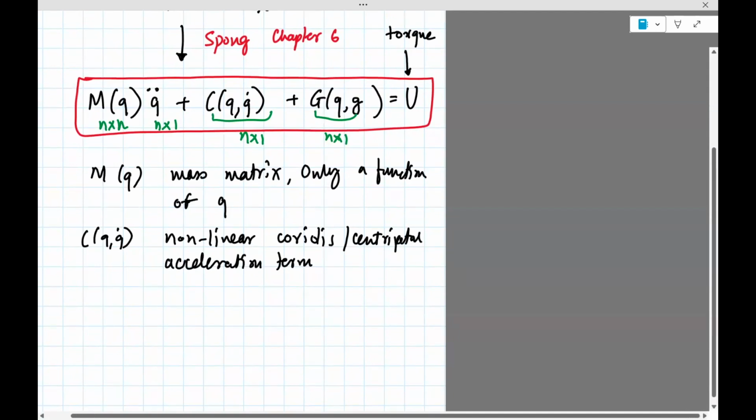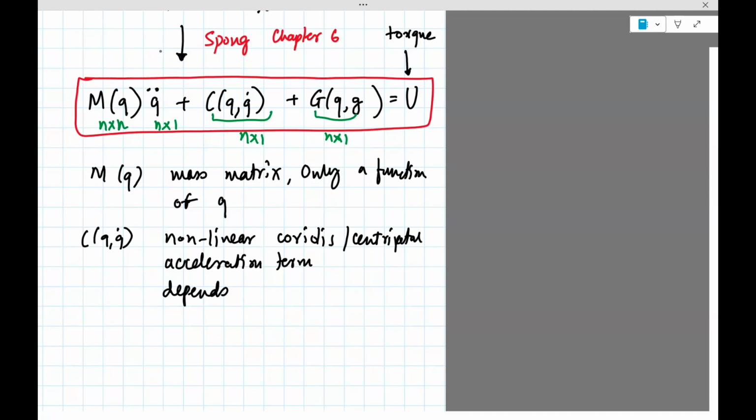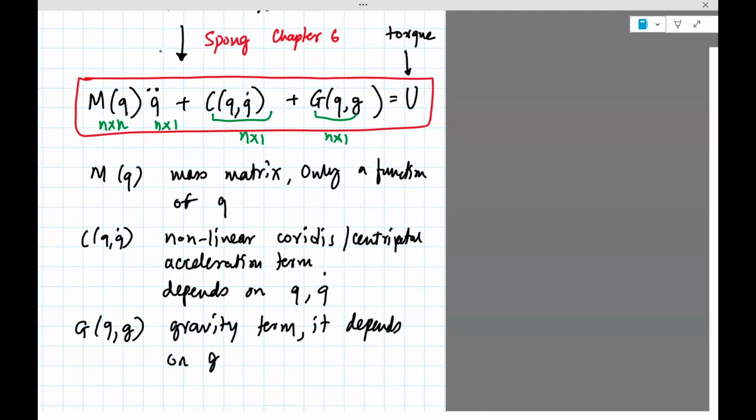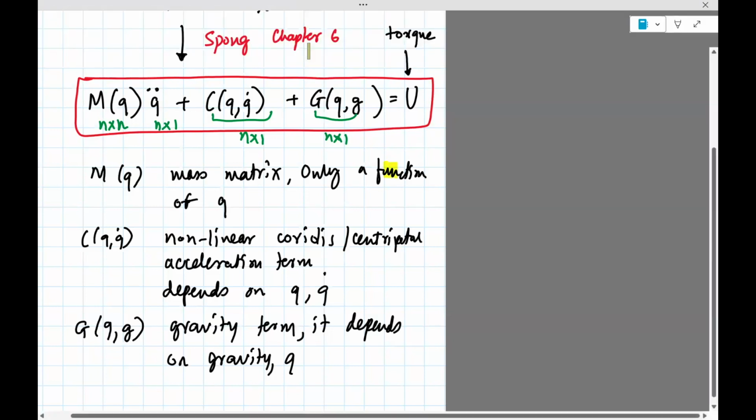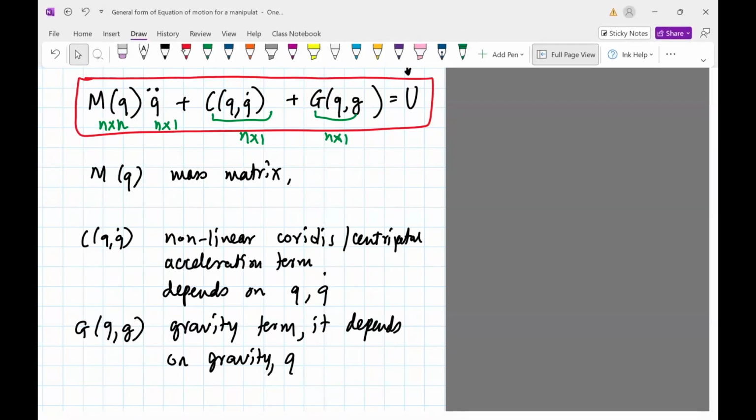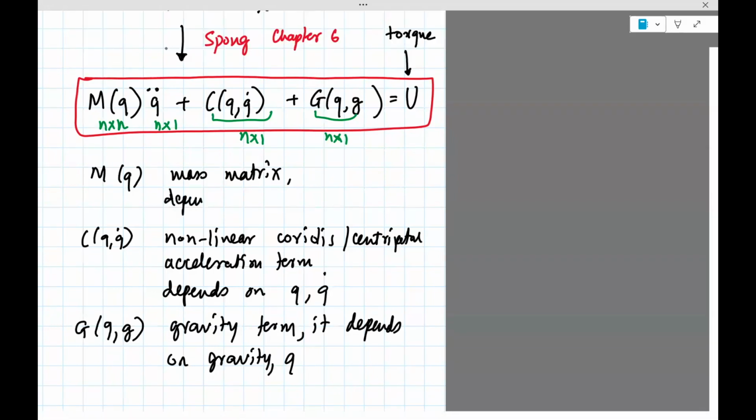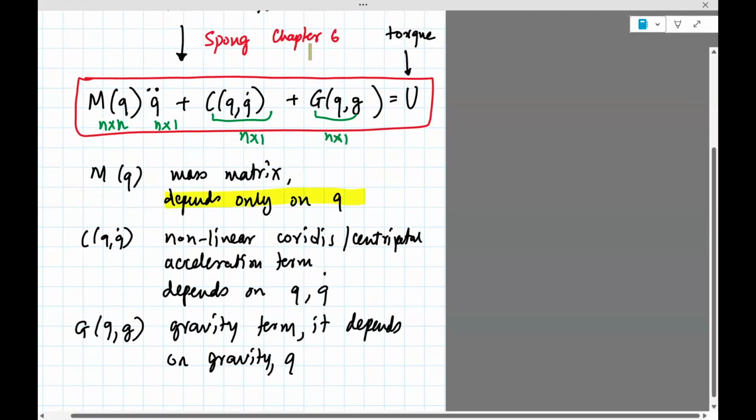It depends on both q as well as q dot. And then G(q) is the gravity term, and it depends only on q. So this is something which we'll be exploiting in just a bit.